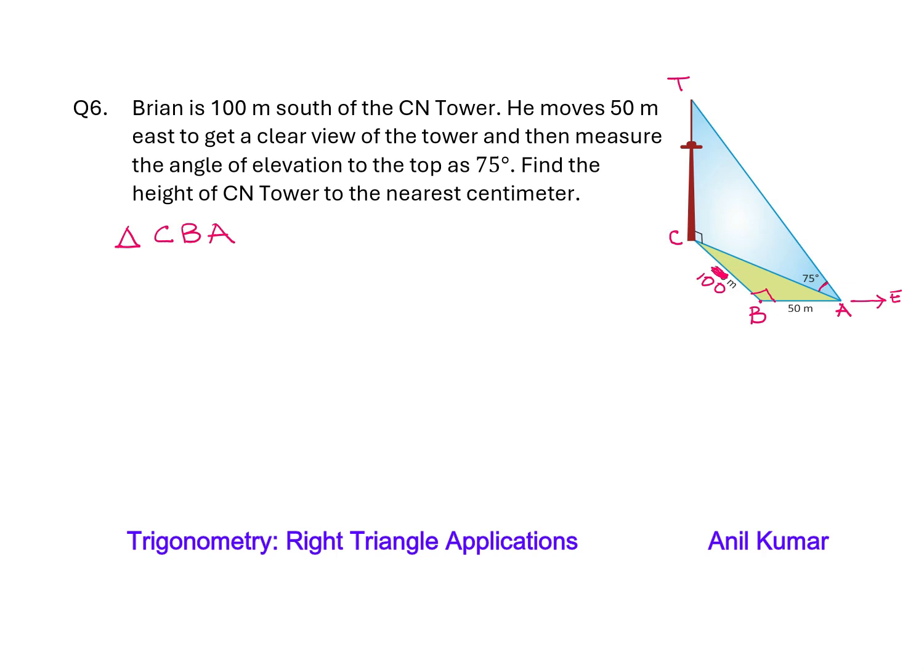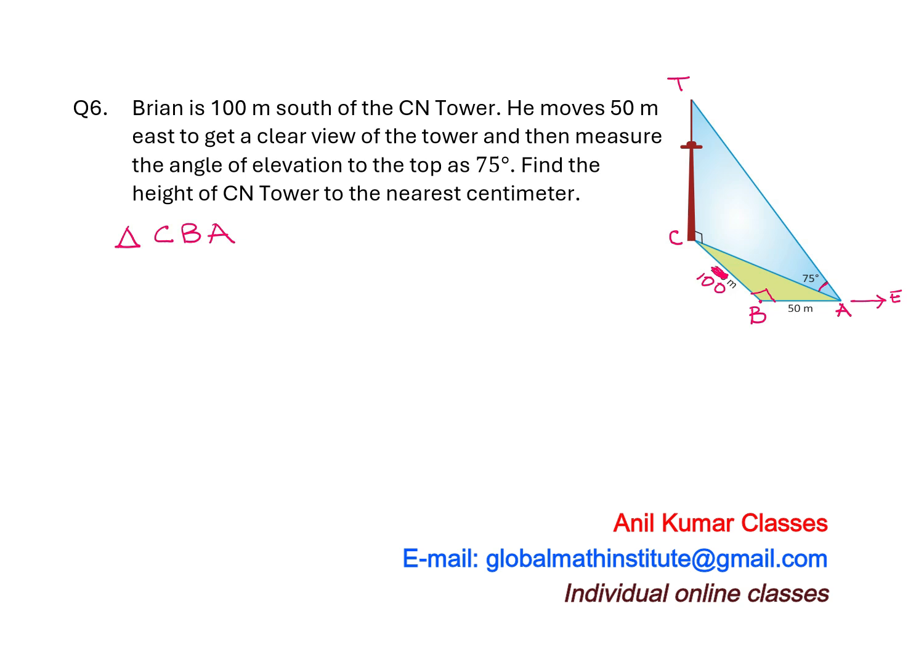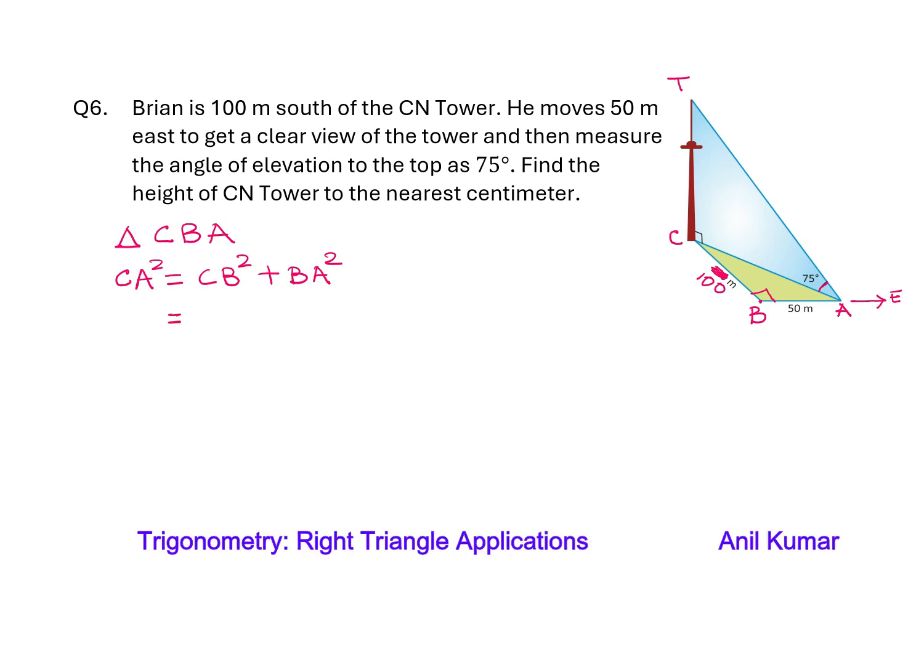In triangle CBA, we can relate the sides with the Pythagorean theorem. So we can say CA whole square is equal to CB square plus BA square. The sum of squares of the legs of a right angle triangle will be the square of the hypotenuse. So we can find CA from here.